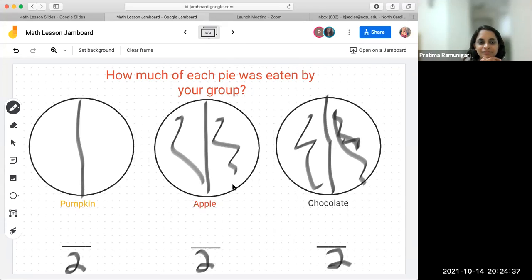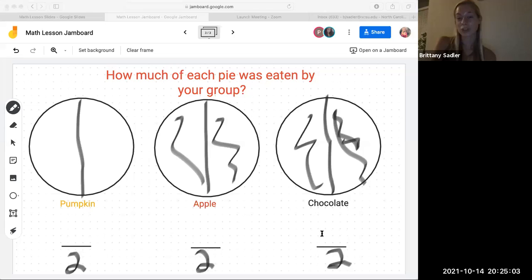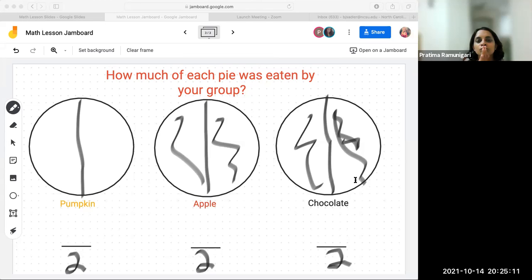Yes. So if the denominator represents how many slices it was initially divided into, how many unit fractions, what do you think the numerator, the number on top, would represent here? So we just shaded in all of the slices that were what? 2.